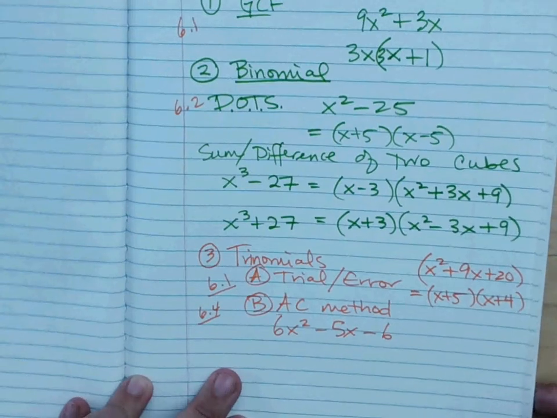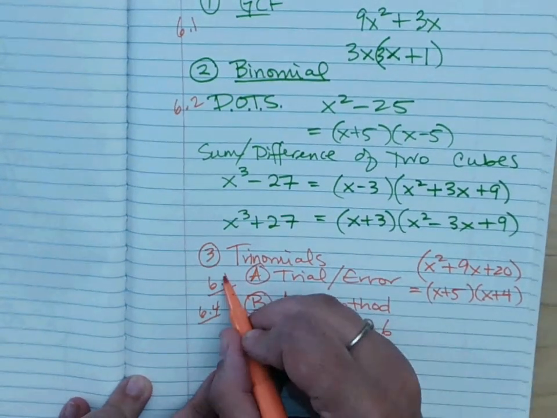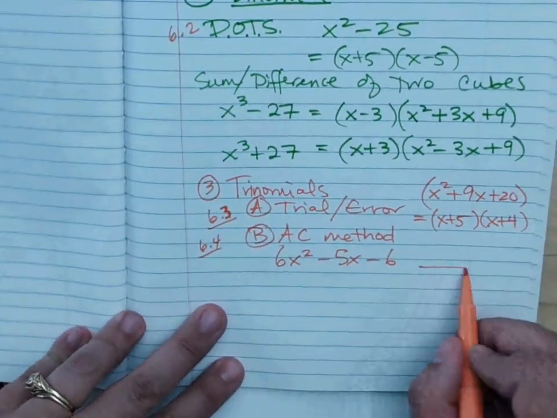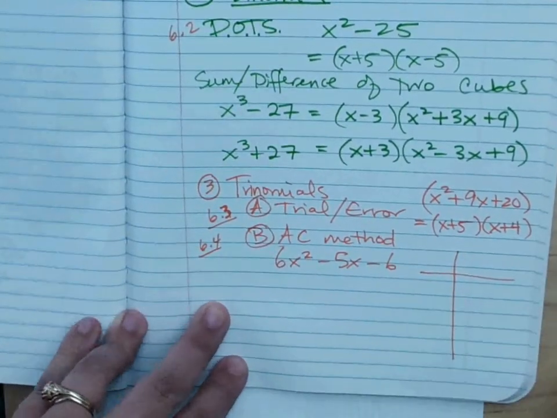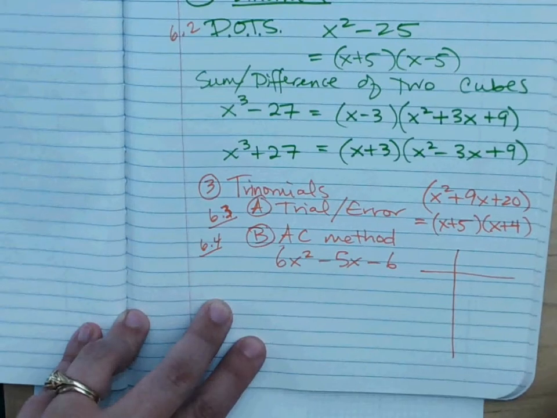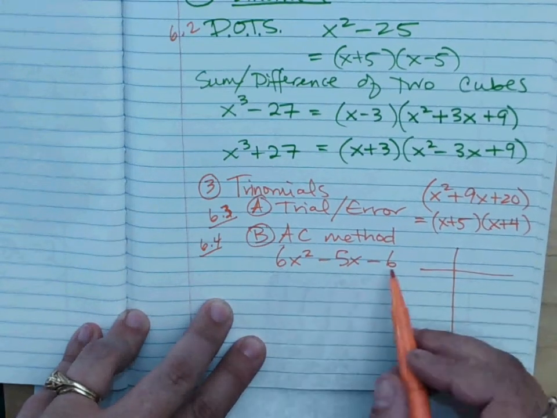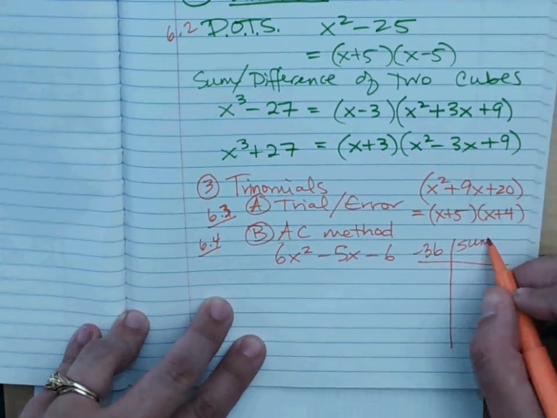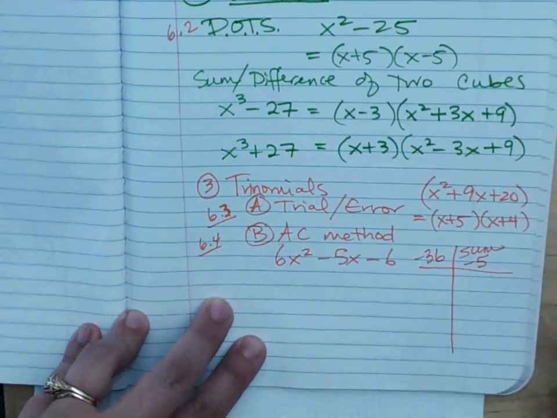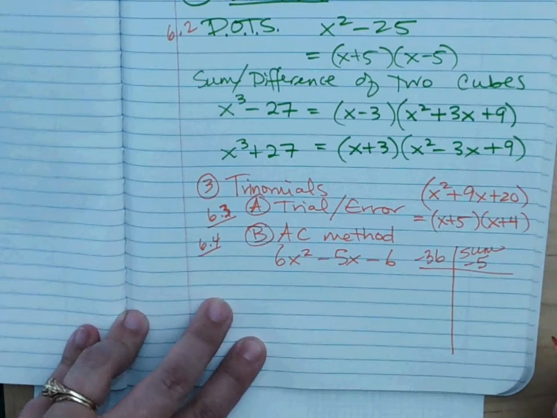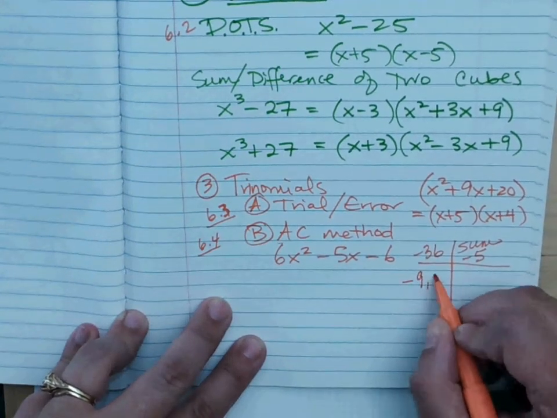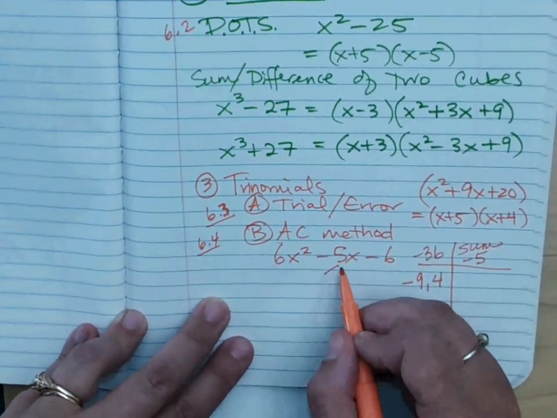Oops, I meant 6.3 here. These are the sections you can go back to. So for the AC method, who remembers how to factor this? What do we do first? We need two numbers that multiply to negative 36 and have a sum of negative 5. Can you come up with them? 9 and 4. Good. So that means we break up the middle.